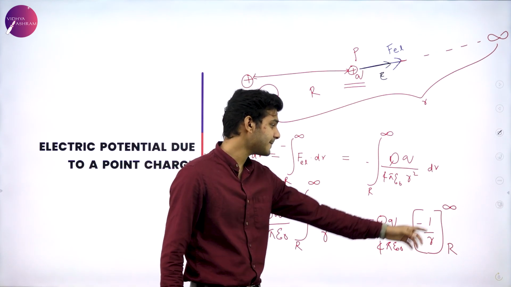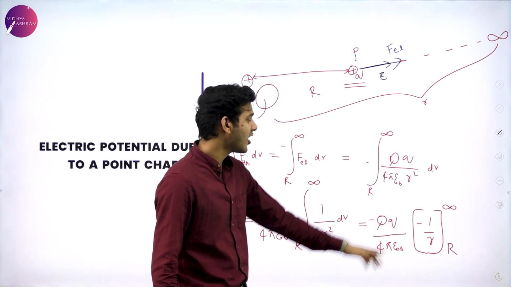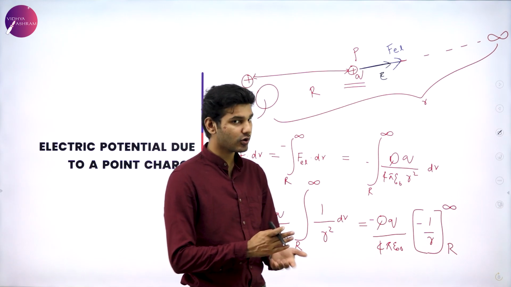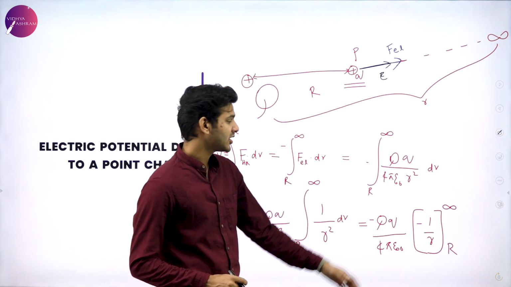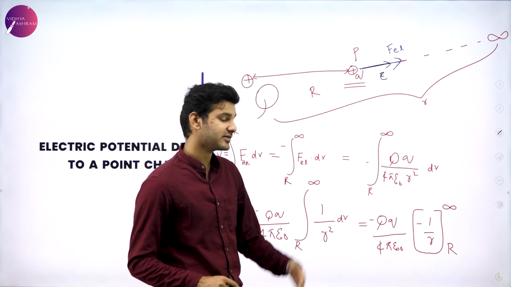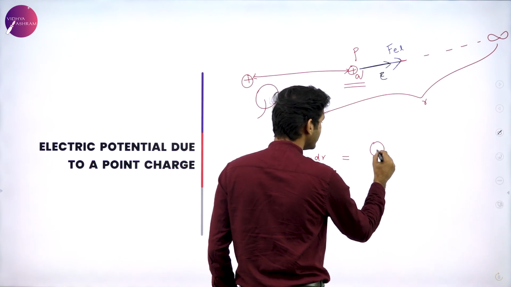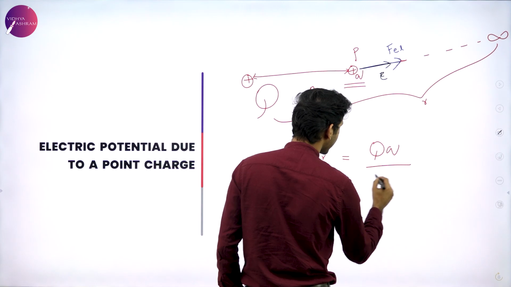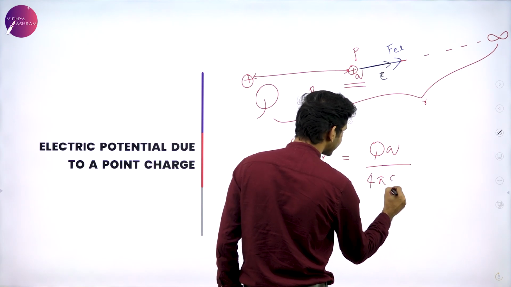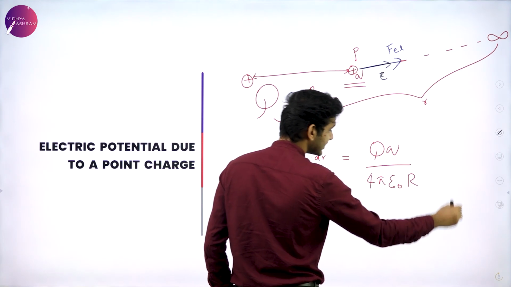Solving this is very easy: upper value minus lower value. 1 by infinity is 0, minus 1 by R, and the minuses cancel each other out, and the final result will be q by 4 pi epsilon naught capital R.